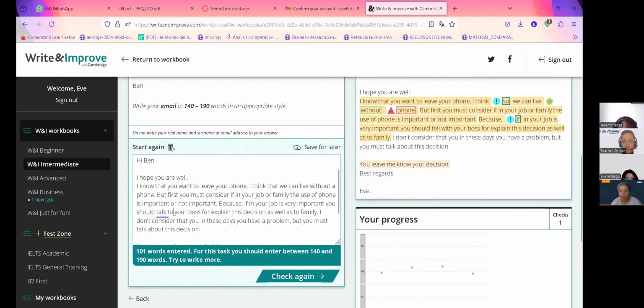Hablar con. Excellent. Talk to your boss. For explaining. Okay. Después, after the for, vamos a ver aquí, for, the next verb must be with ing, okay? For explaining, sería for explaining con ing, this decision as well as to family.